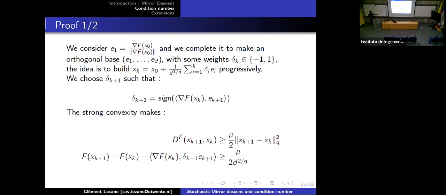This is the strong convexity. If I count the distance bigger than the norm squared, and then what's the LQ norm distance between these 2 points, this is just equal to d to the power of 1 over d 2q, right?